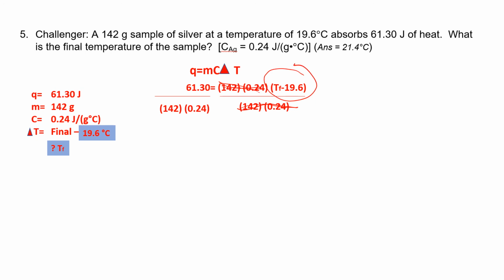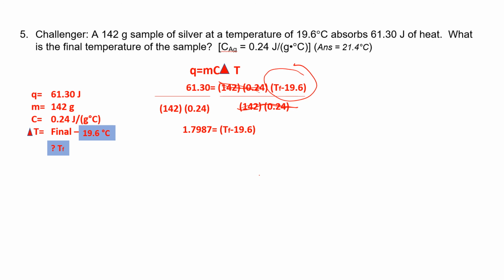So in our calculator, you will do 61.30 and then divide it by parentheses 142 times 0.24. And when you do that, that will give you 1.7987, and it keeps going from there. I just stopped the decimal there. Equals final temperature minus 19.6.